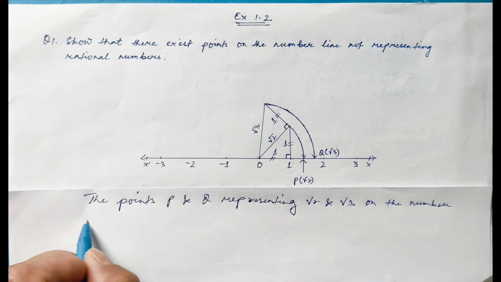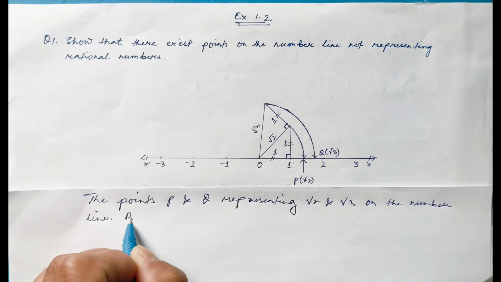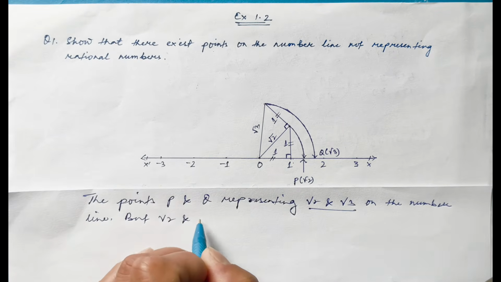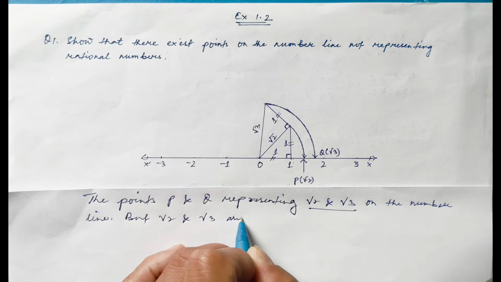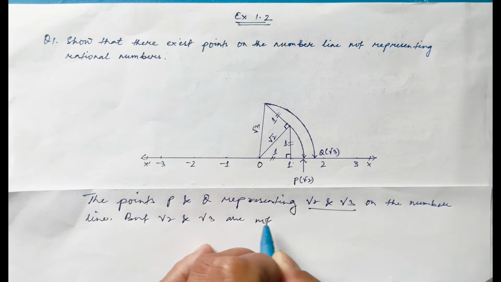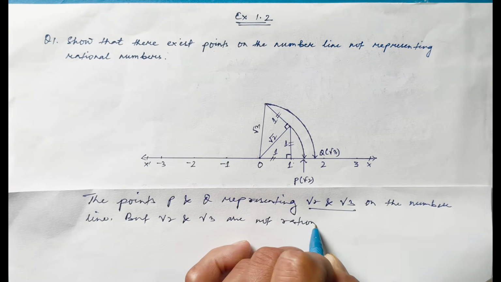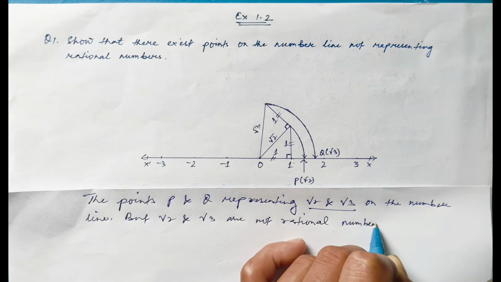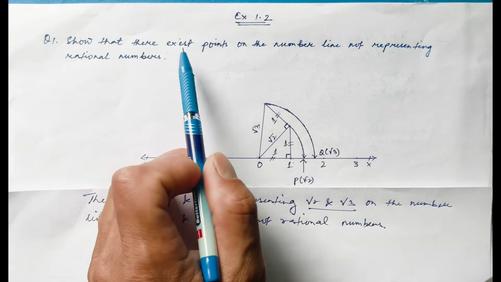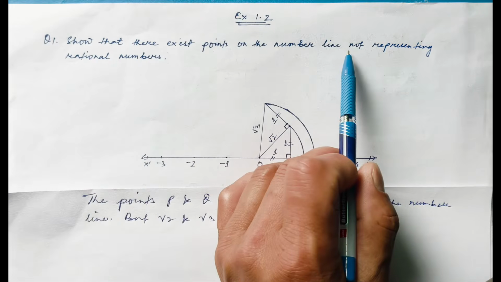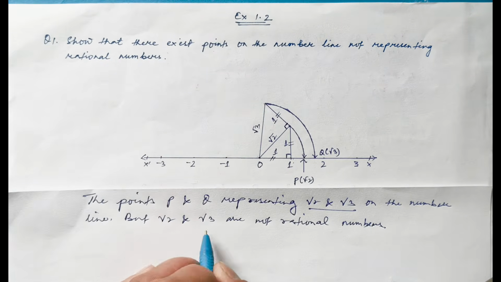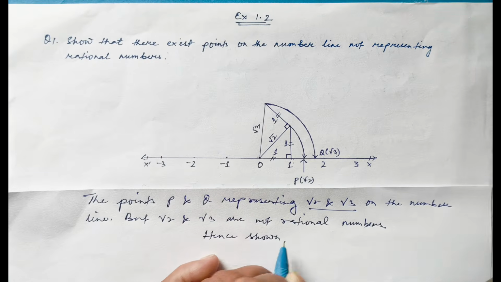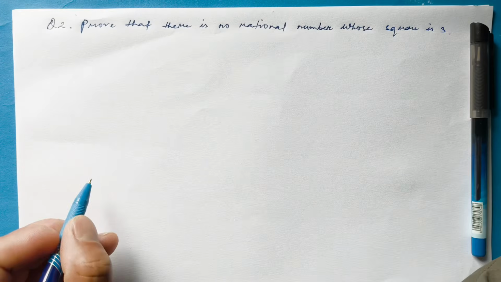But root 2 and root 3, what numbers are they? Root 2 and root 3 are not rational numbers. That means there exist points on the number line not representing rational numbers. I think you'll understand. Now let's see question number 2.